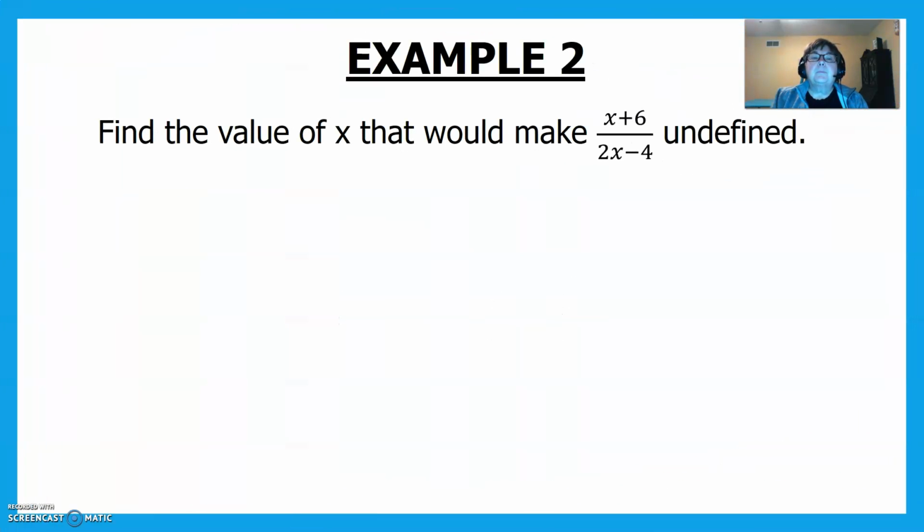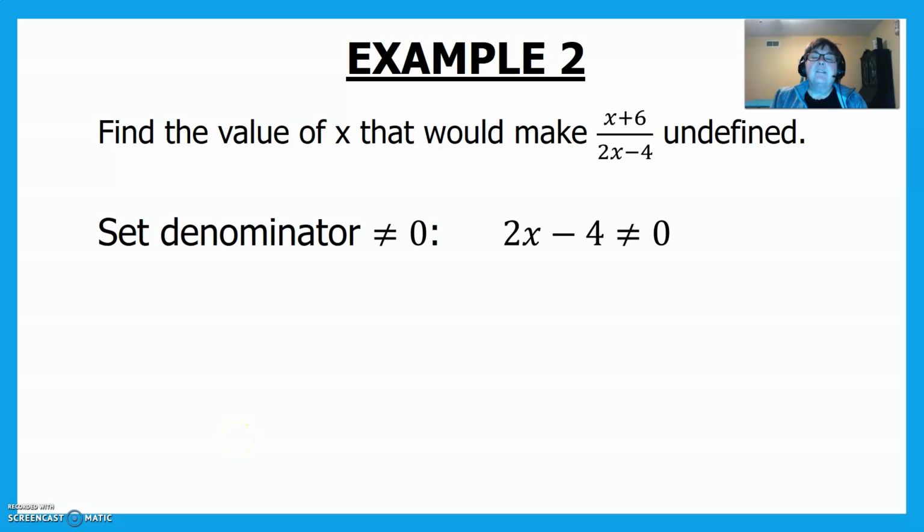Example 2. Find the value of x that would make x plus 6 over 2x minus 4 undefined. So again, I'm going to set that denominator of 2x minus 4 not equal to 0, because I don't want it to equal 0. I'm going to solve just like I would if it were an equal sign.